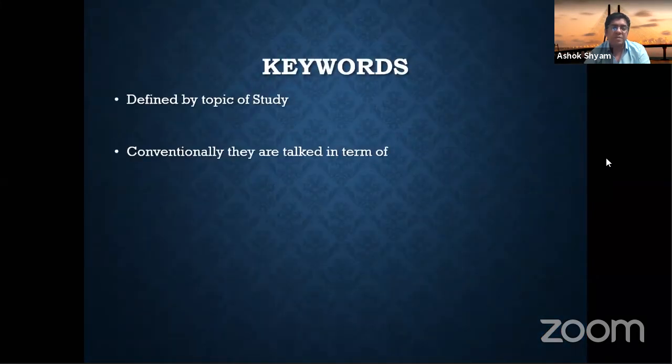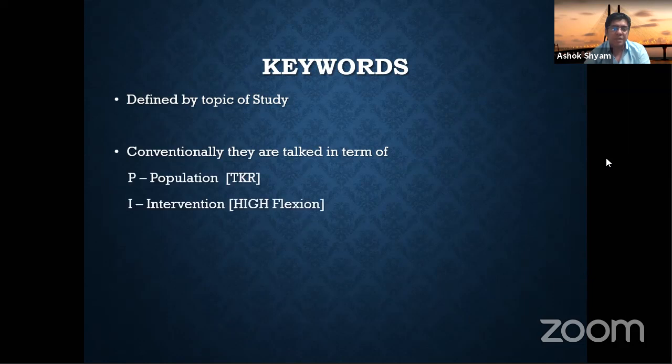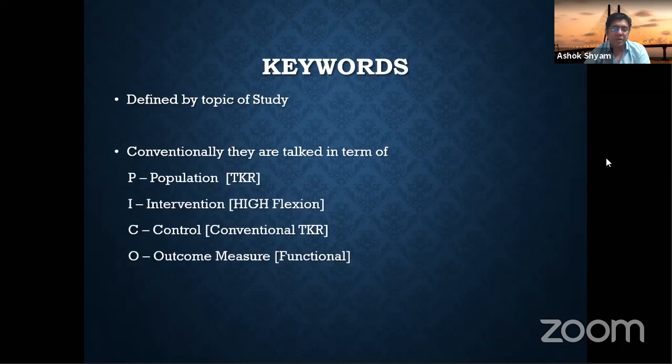Conventionally, they are talked about in terms of the PICO format: population, intervention, control, and outcome measure. It need not necessarily be all of them present. Sometimes there will be just population and intervention, with no control or conventional group. However, population, intervention, and outcome measure will most of the time be there.